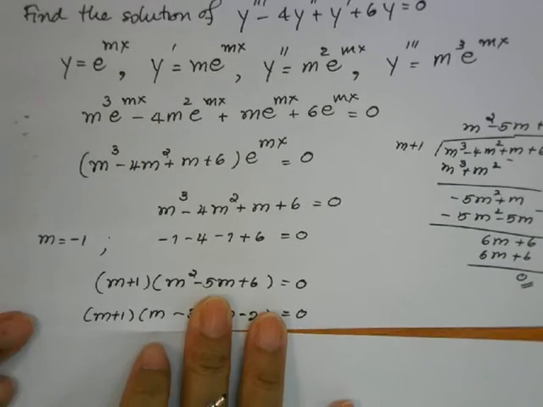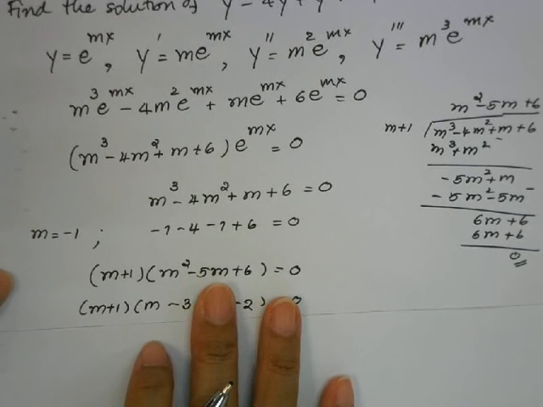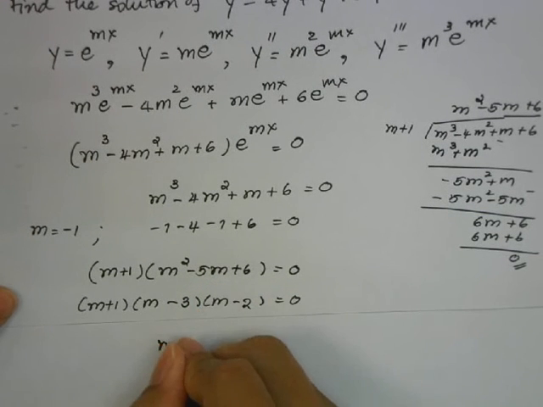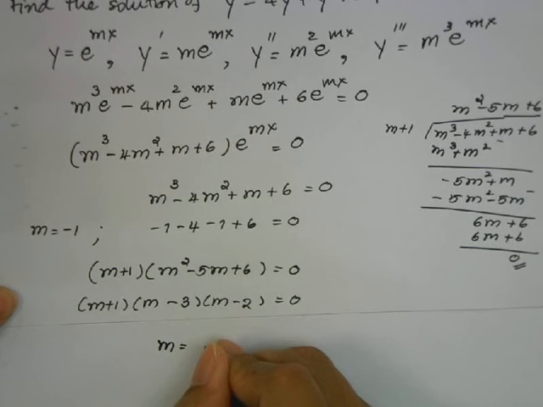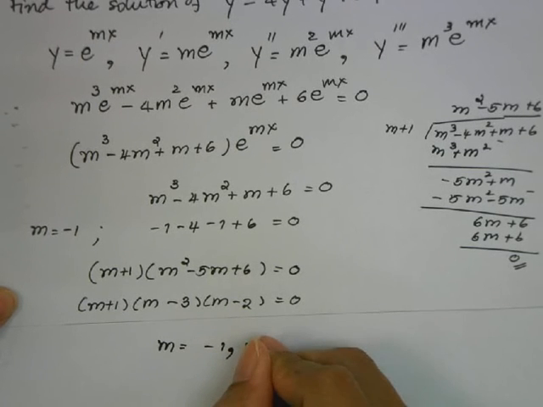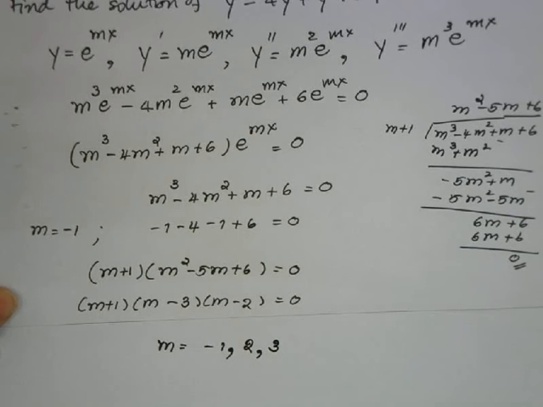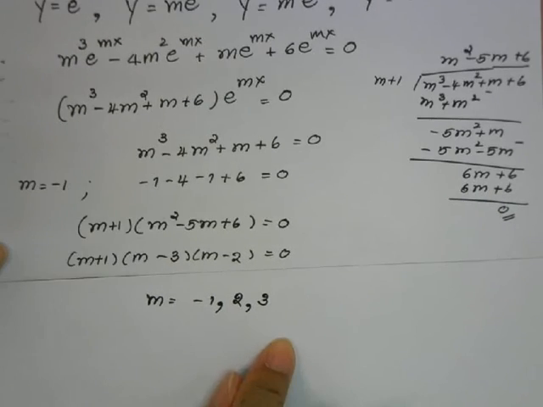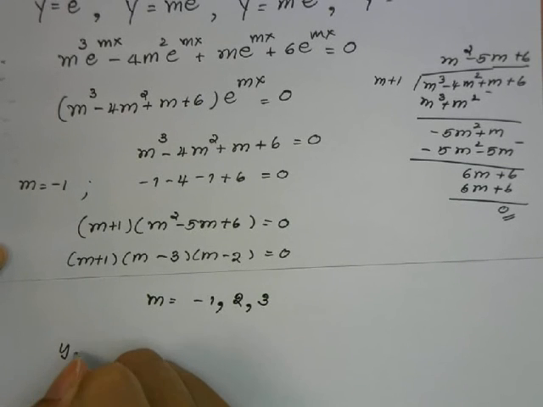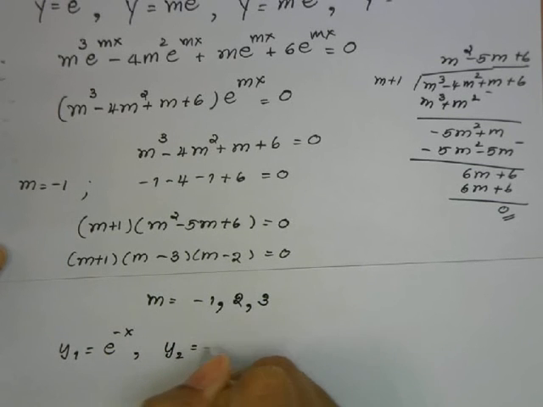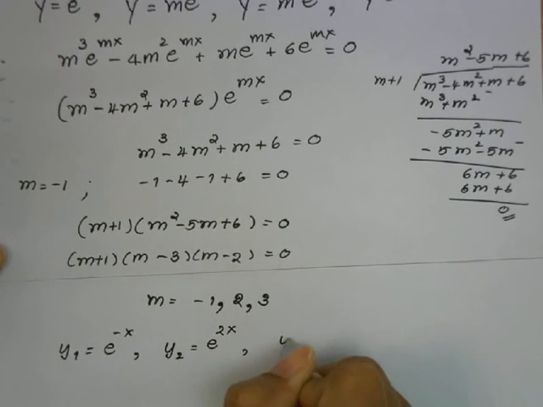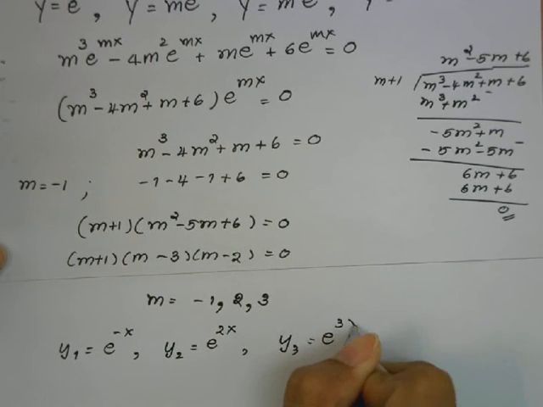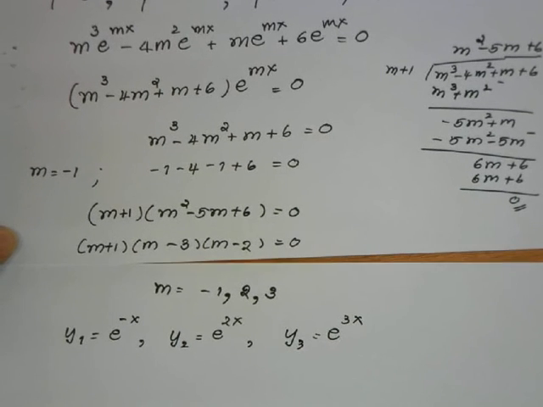So how many values of m can we find now? 3, which are minus 1, 2 and 3. They are all unrepeated. So you have 3 values of y, and they are all linearly independent of each other.